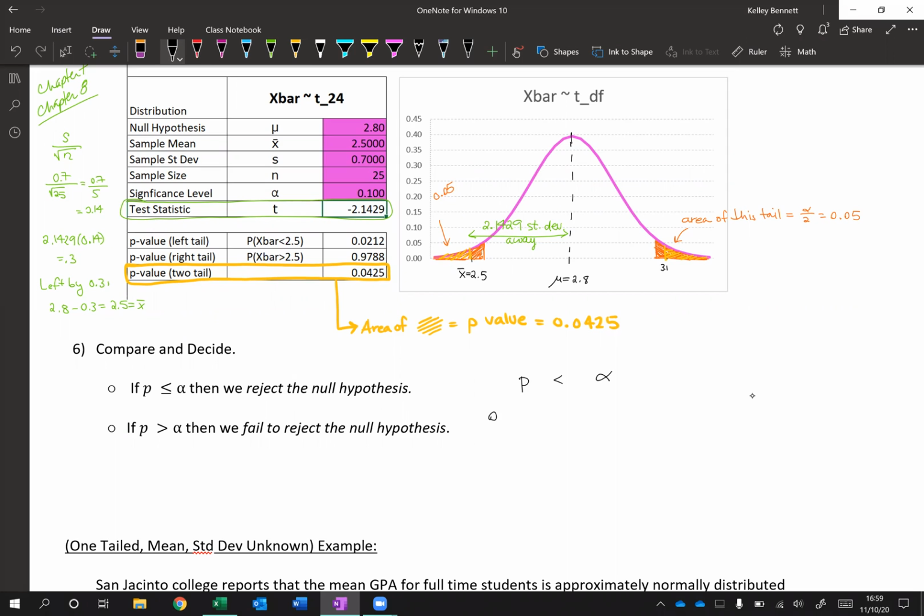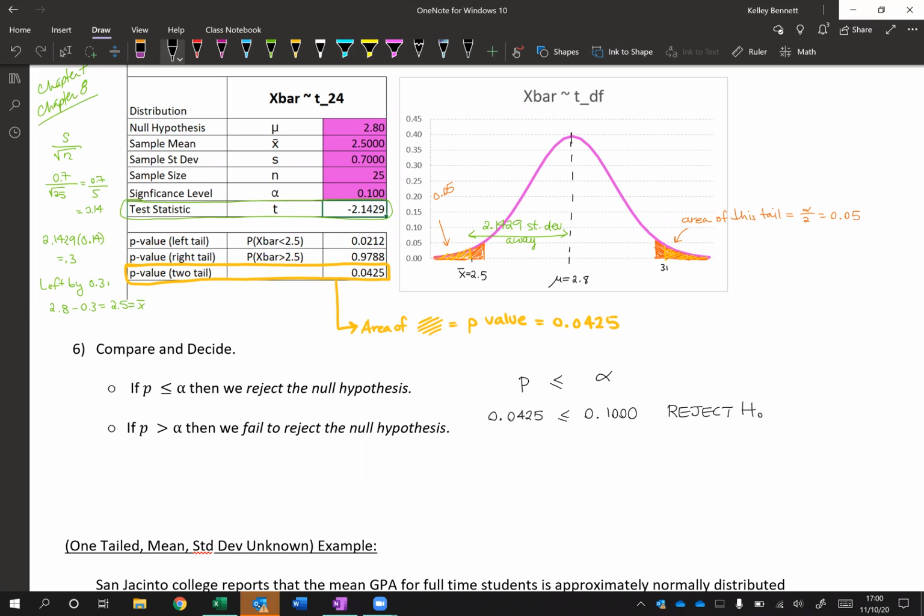So we have that P is less than alpha. And in fact, sorry, it should be less than or equal to, but it doesn't really matter because it's significantly smaller. So since P is less than or equal to alpha, we are going to reject the null hypothesis, H naught.